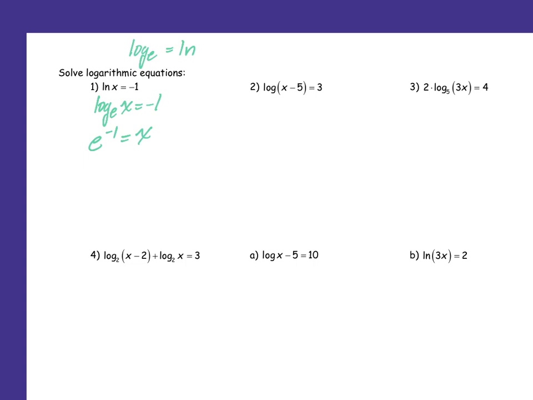Okay, and I think, I need to look because I don't know. Some of your calculators may actually have a power of e, but Desmos does not, so I can just leave my answer as x is going to equal 1 over e, right?